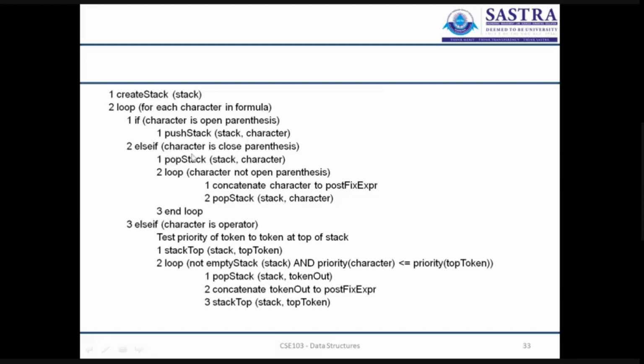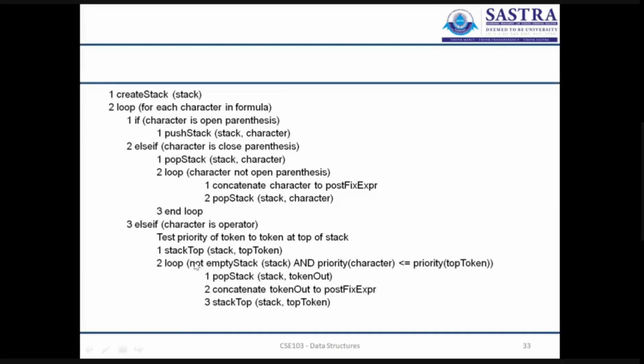Else if the character is a closed parenthesis, all operators available in the stack must be read and moved to the postfix expression. So far we discussed only the plus, minus, division and multiplication operators. The usage of brackets we will discuss in tomorrow's class along with the C implementation. If it is an operator, compare the stack top operator and the current operator.